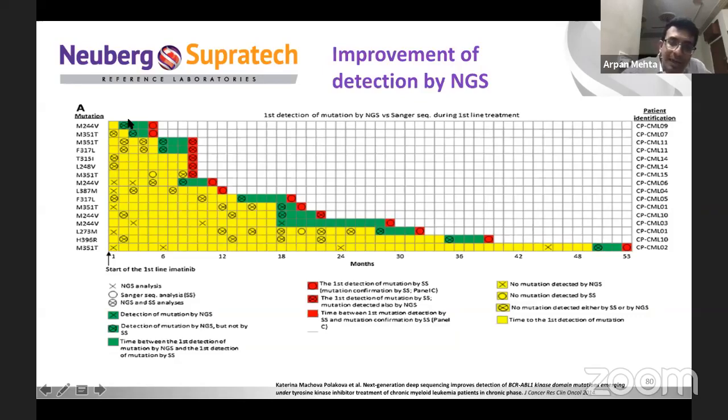The green ones indicate that the mutation is not detectable by Sanger, but it is detectable by next generation sequencing. And the red blocks indicate that it's detectable by both techniques. As you can see, the second patient, in the third month, could be detected by NGS but not by Sanger sequencing. So it could detect this mutation 2 months earlier than Sanger sequencing.